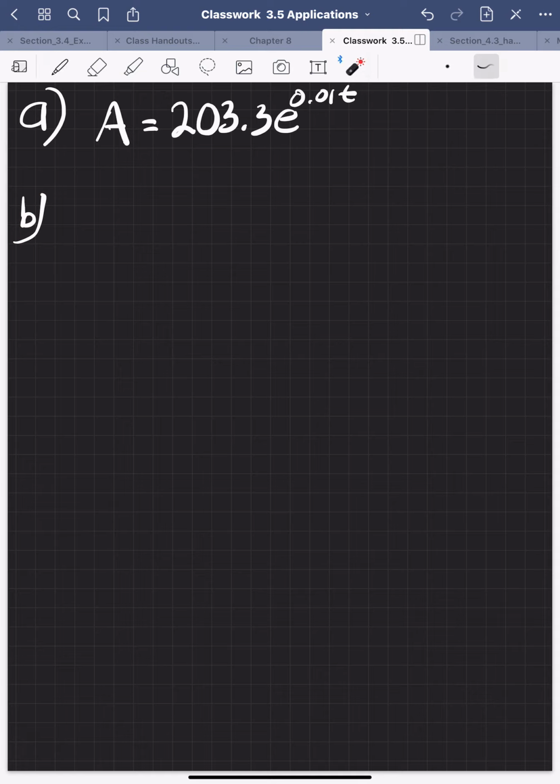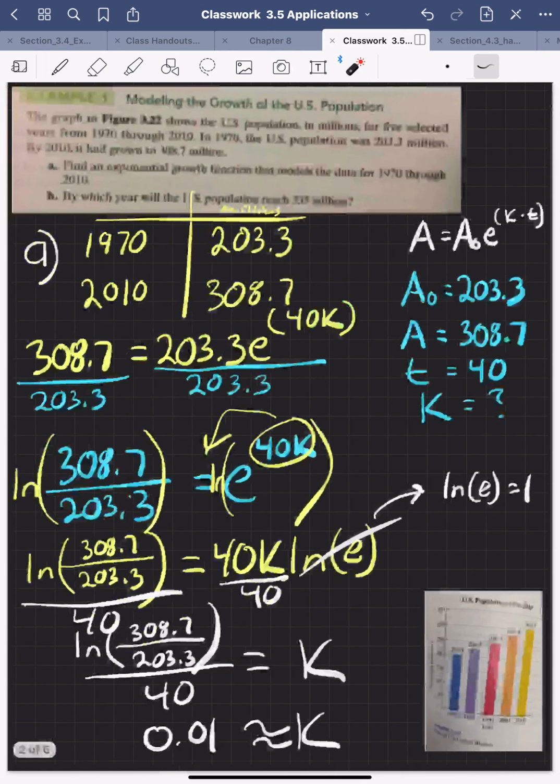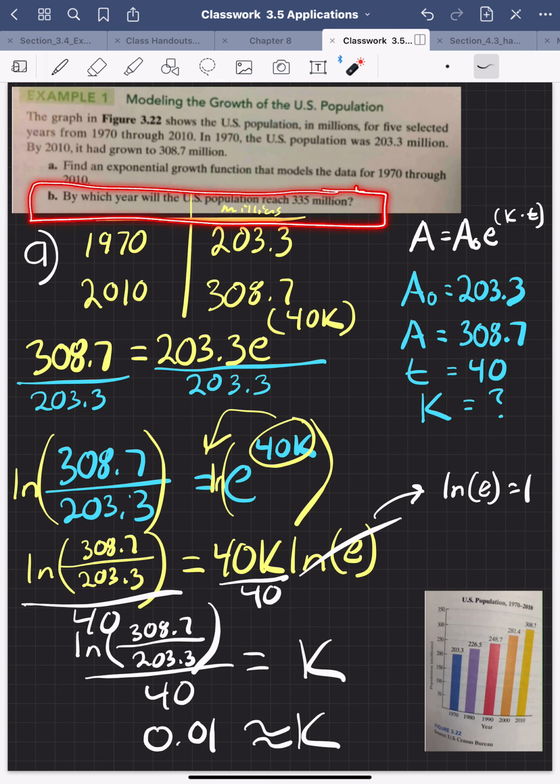Let's go back to the previous page and read part B. Interesting. So now that we have a model, a population model, can we use that to figure out what year the United States will have 335 million?